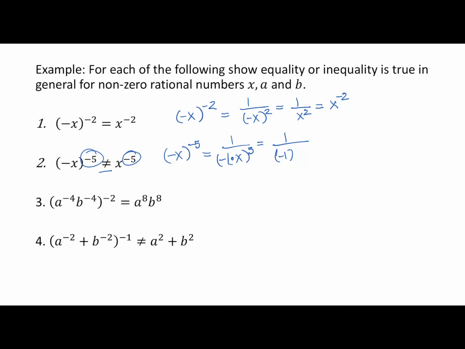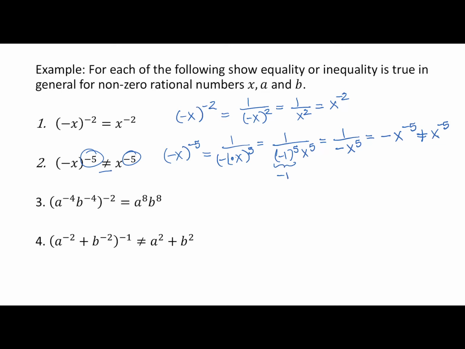So I have negative 1 to the 5th times x to the 5th. But if I take a negative to an odd power, that's going to give me negative quantity x to the 5th. Does everyone see that? Negative 1 to the 5th is just negative 1. And I could rewrite that as negative x to the negative 5th, but that's not the same as just x to the negative 5th. Okay, so that's why that one's not true.